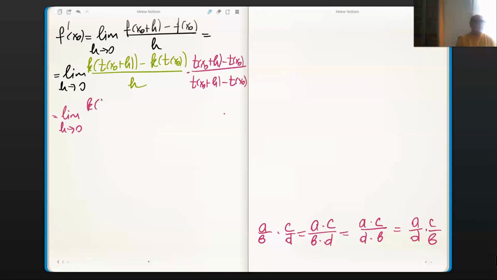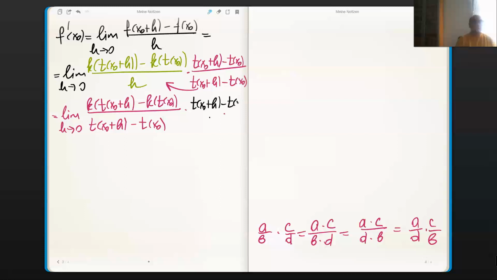I'm having k of t of xo plus h minus k of t of xo divided over, now I'll bring this guy right here, so it's t of xo plus h minus t of xo, multiplied times t of xo plus h still minus t of xo divided over h. We switched the denominators, like I told you here.